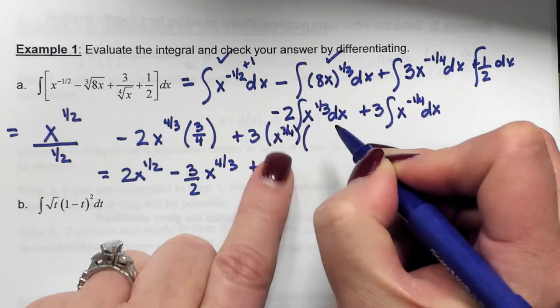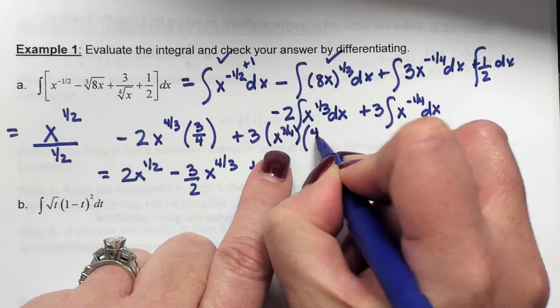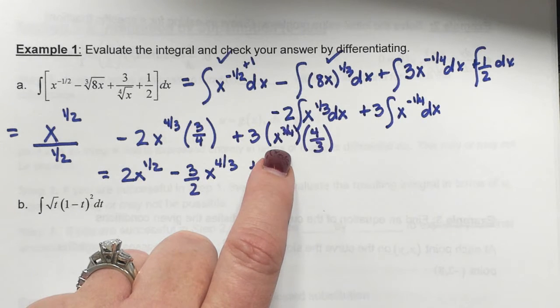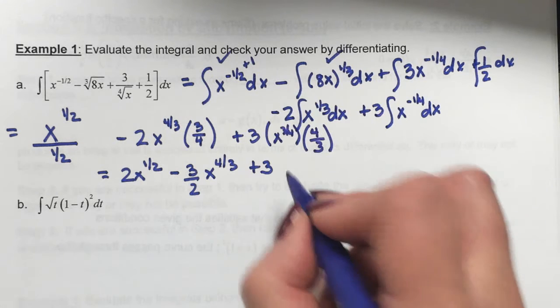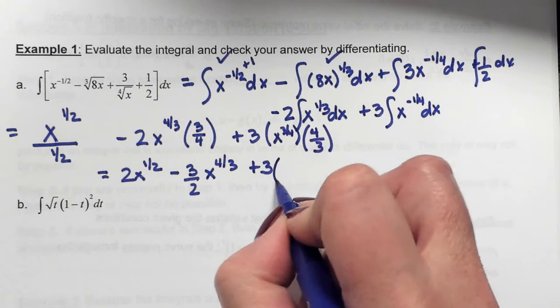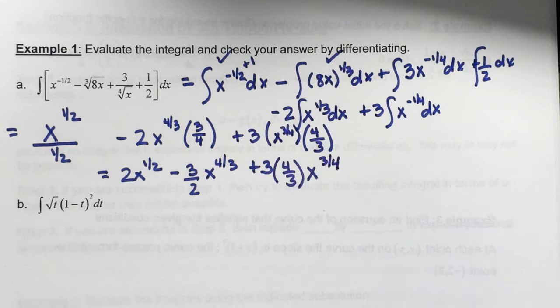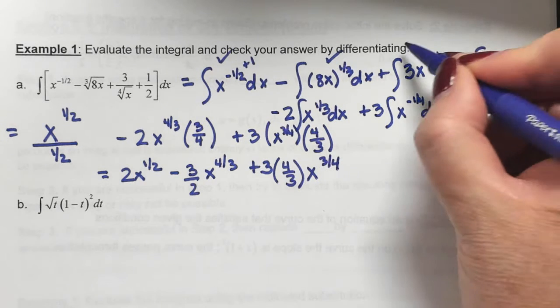But then I need to divide by 3/4, which means I'm going to multiply by the reciprocal of 4/3. So that's going to give me a plus 3 times 4/3 x to the 3/4. What happens when I multiply 3 times 4/3? That's just going to leave me a what? 4x to the 3/4. Again, I'll clean up my answer in a few minutes. So that takes care of this.